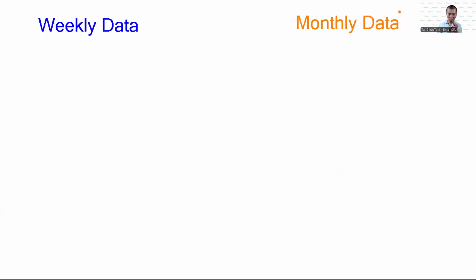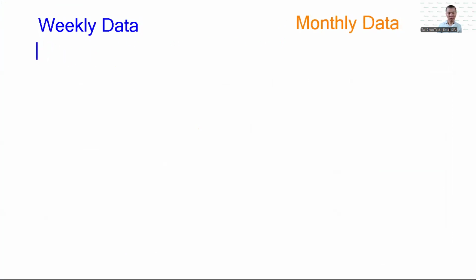So I want to share this one. Sometimes we have a discrepancy of data and we can have a telltale sign about that. For example, just now what I get is something like this. You have something like weekly data, and the other one is monthly data. I'm just giving a quick rough example.